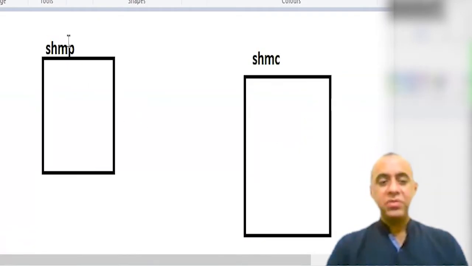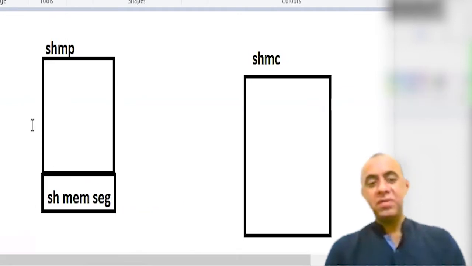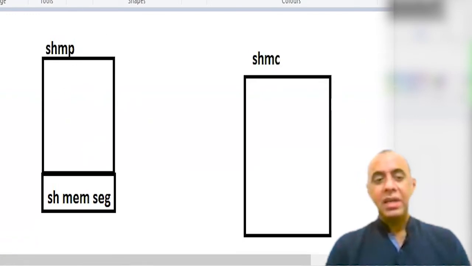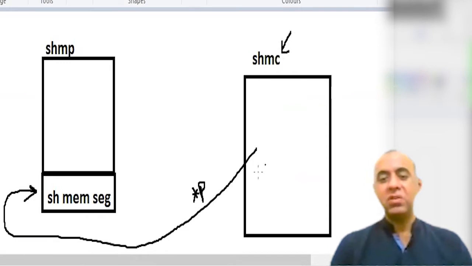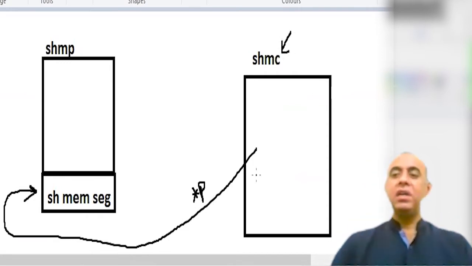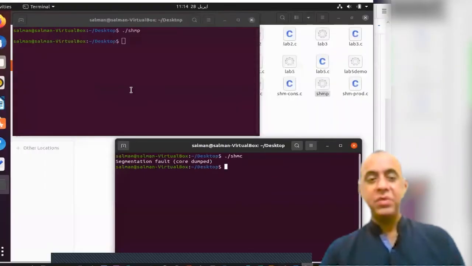When shm producer runs, it creates a shared memory segment which is inside the space of this producer process, and the consumer process is given a pointer which points to this shared memory segment, right? If this shared memory segment does not exist and the consumer program tries to get access to this pointer, it gets an error. That is why we are getting an error if shared memory producer is not running.